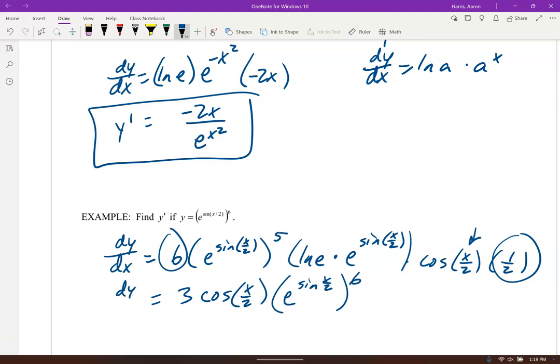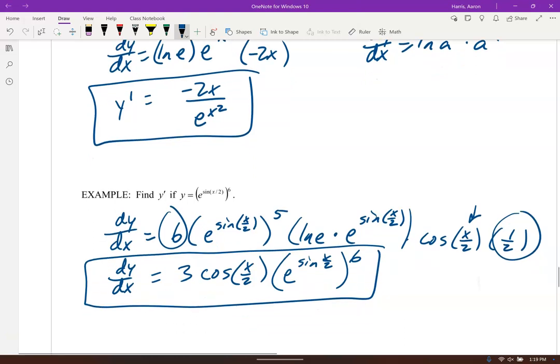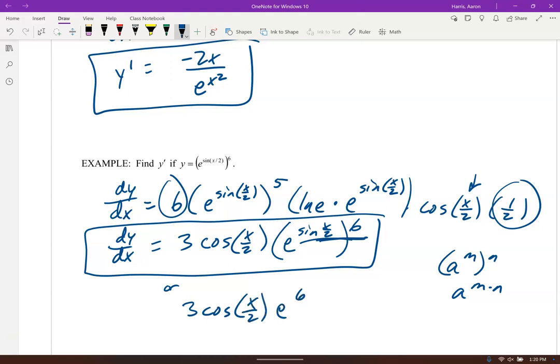And that would be our derivative. Or if you want, you could even take that. Remember the rule a to the m to the n is a to the m times n. I could take that 6 in, right? So that's a power of a power. If you wanted to put it that way, this is the same thing.